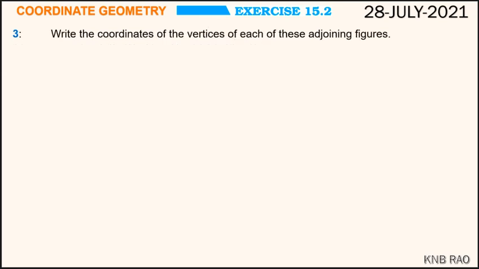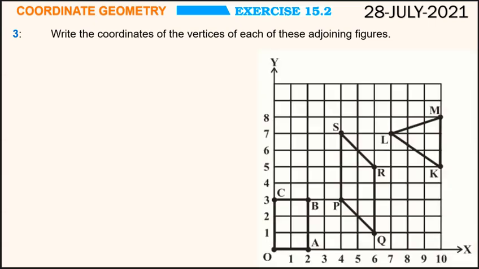So, moving on to the third question of exercise 15.2 from class 8th. Write the coordinates of the vertices of each of these adjoining figures. Here you could see figure OABC being a rectangle.